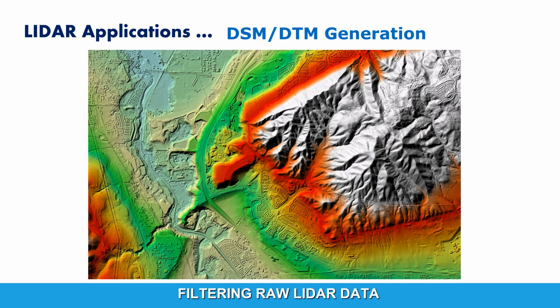One of the most important applications of LIDAR systems, guys, is generating the digital terrain models or digital surface models. In this example, as you can see here, we have this scanned area using a very high resolution LIDAR system. You can see here mountains, and here we have a lot of buildings.